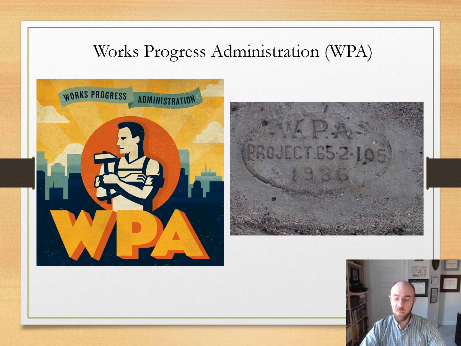So you can thank the WPA for pretty much every library and post office in small Texas towns. You can see often they have these stamps on the ground. You can see them in Denton, you can see them in downtown Fort Worth, and they have these stamps that show they built the sidewalks or certain buildings. You can see the legacy of the WPA.